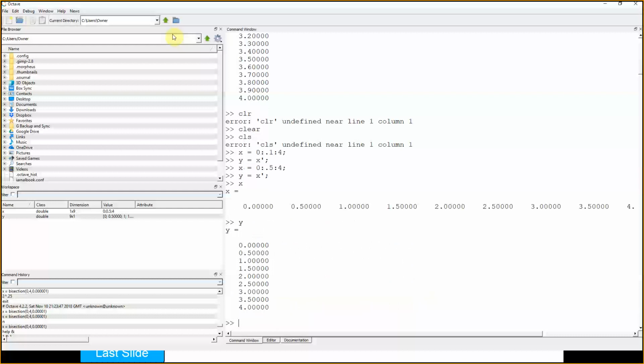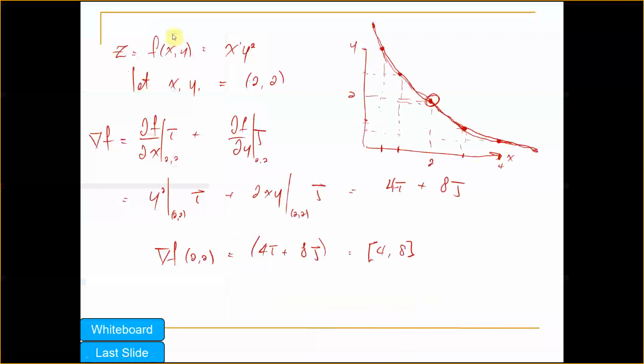I want to make a vector. I want to do a vector operation. I want to do it properly. So let me just make sure I'm doing it properly.